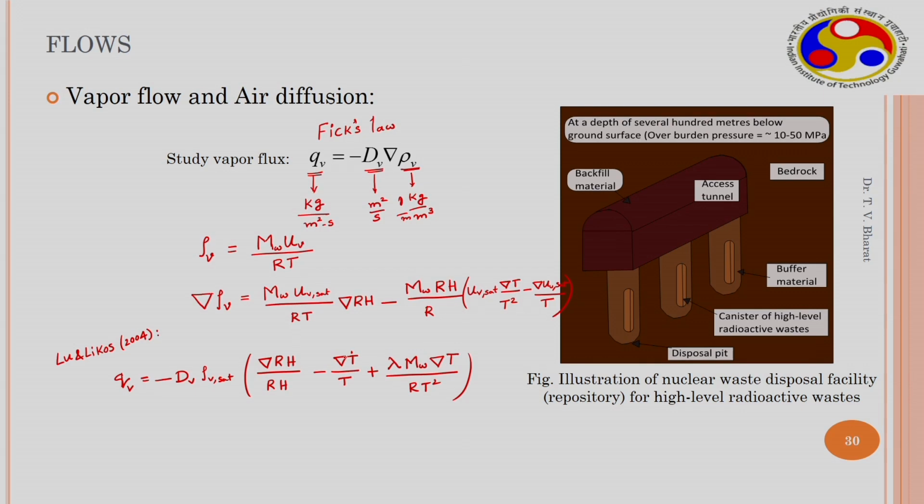So, this expression from the Lu and Likos textbook for steady vapor flux is this. Here the variation of relative humidity and variation of temperature could be considered. This lambda is latent heat of vaporization of water.